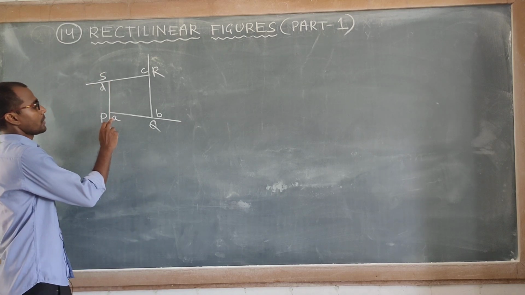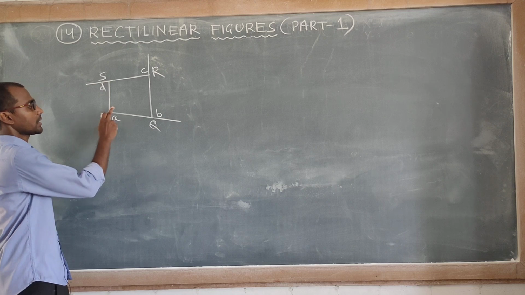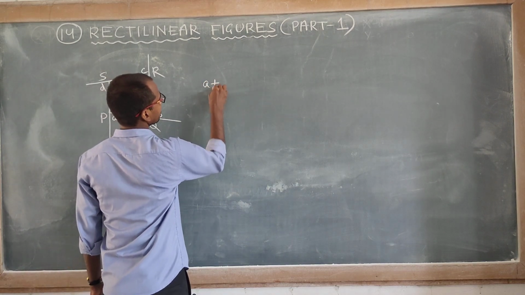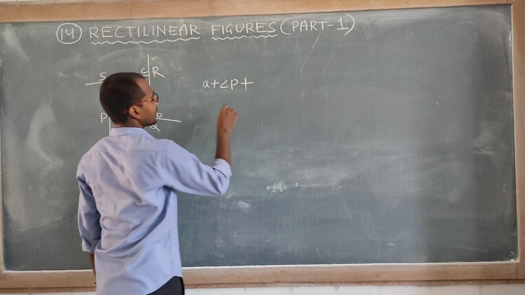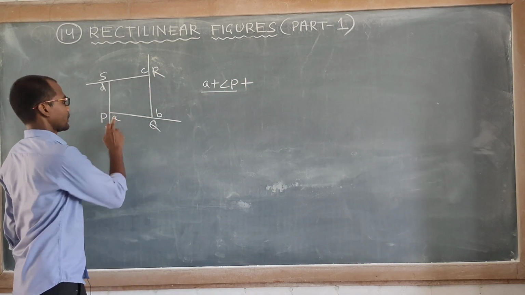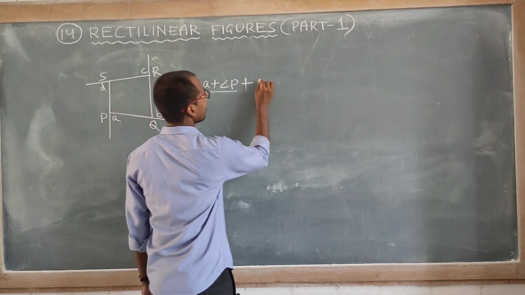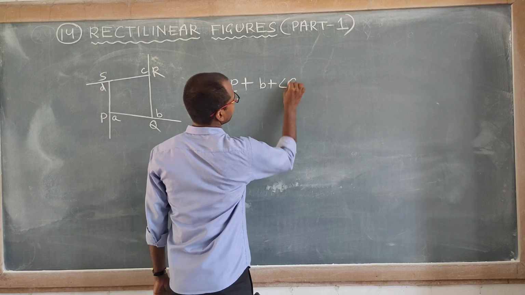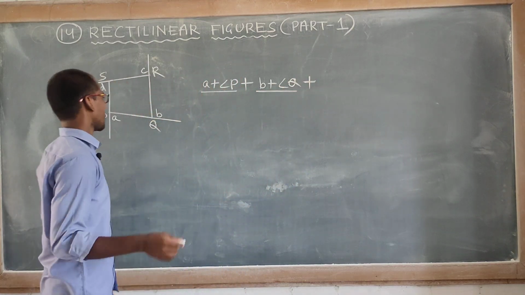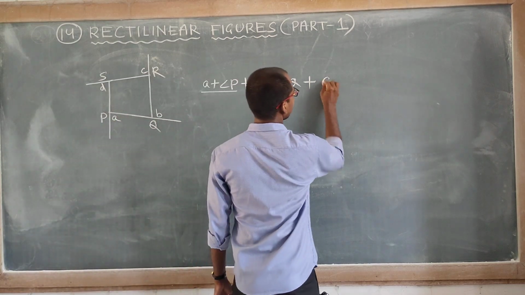Now see, what is A plus angle P? A plus angle P is 180 degrees, linear, straight line. Then B plus angle Q is also 180 degrees, linear pair. C plus angle R is also 180 degrees.